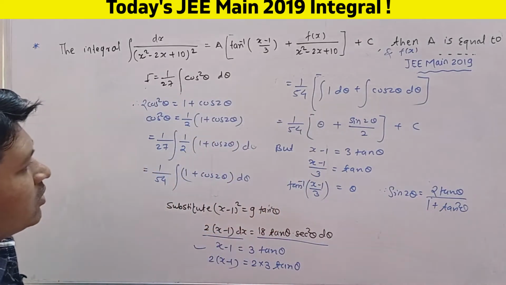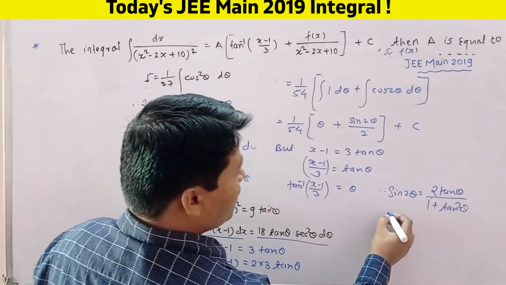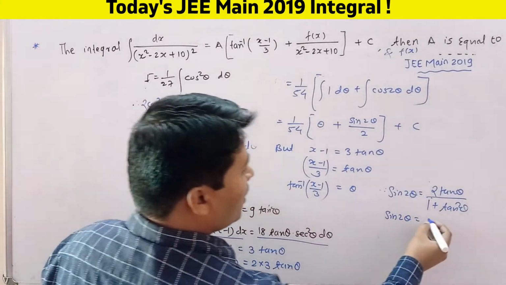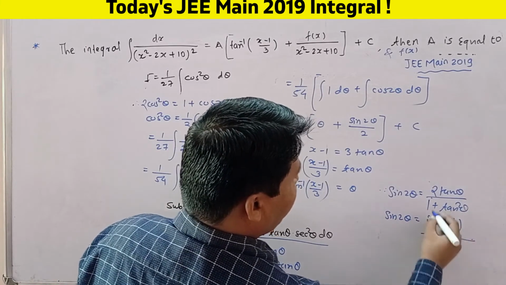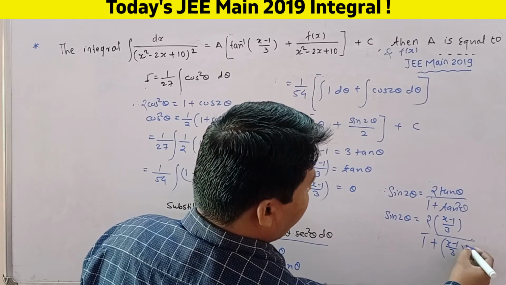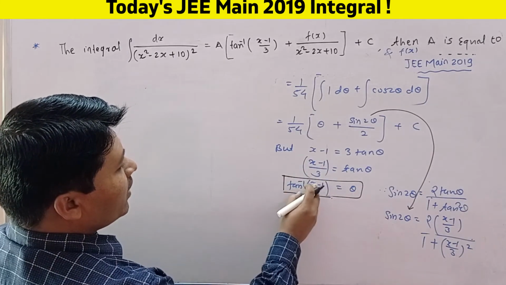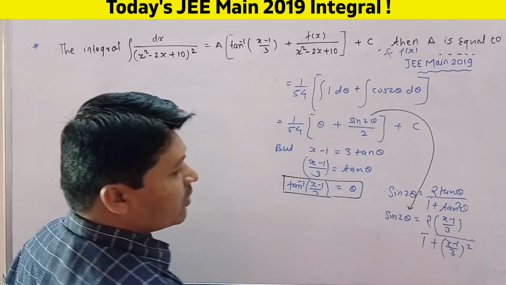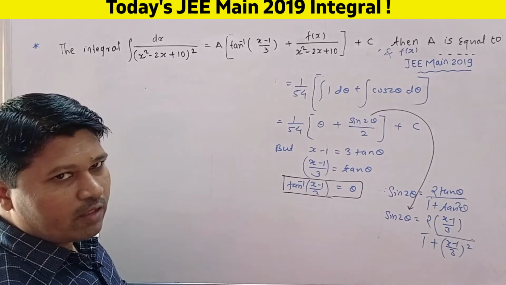Since tan theta is x minus 1 divided by 3, sin 2 theta becomes 2 times x minus 1 divided by 3, divided by 1 plus x minus 1 divided by 3 bracket square. Now we put theta equal to tan inverse x minus 1 divided by 3.